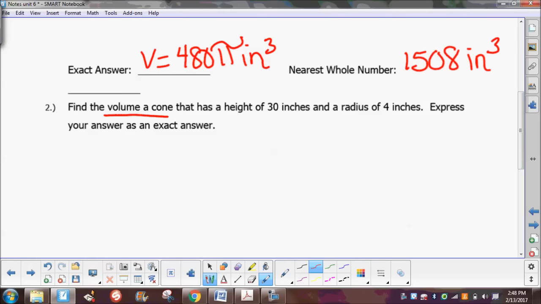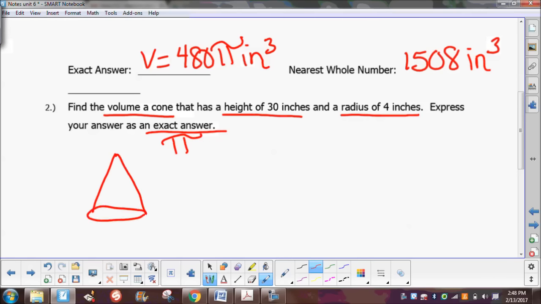Now this one says the volume of a cone whose height is 30 and whose radius is 4, expressed as an exact answer. An exact answer, again, means in terms of pi. It's just another way of saying it. So let's draw that cone, and my cone volume formula is 1/3 pi r squared h.